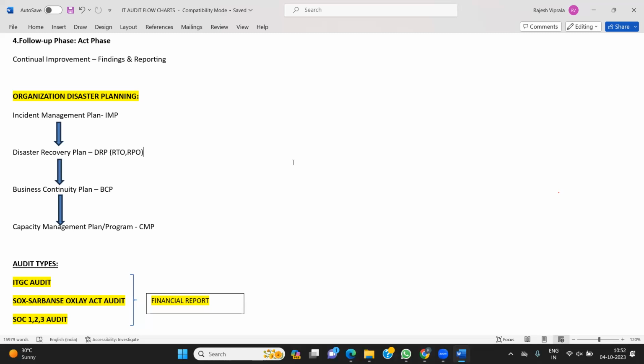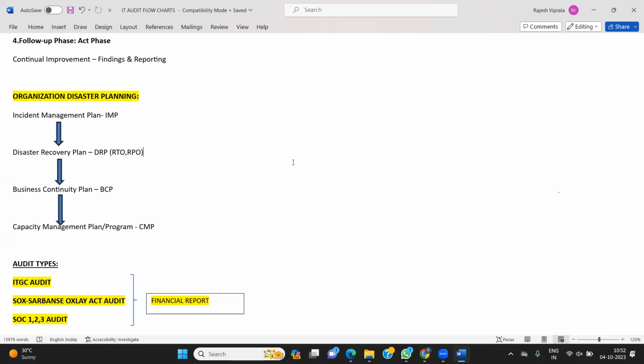They know what is important. They know what is not important. Suggestions will always be taken into consideration. But as an IT auditor, we also need to understand that the management knows better than anyone else. That is the bottom line.